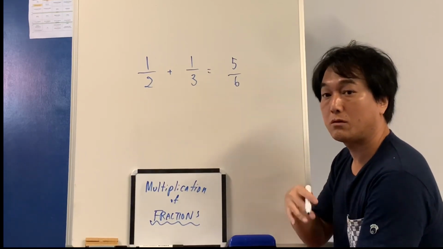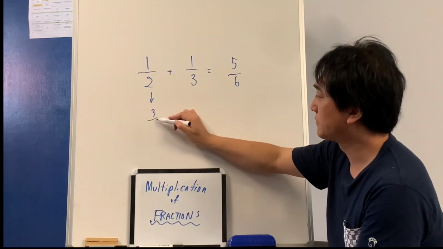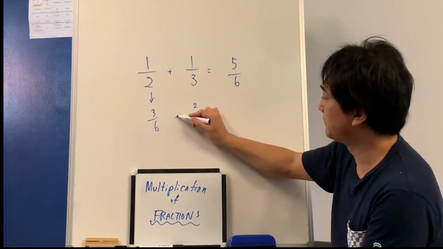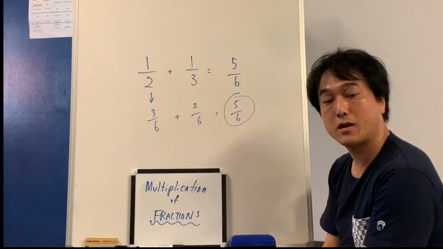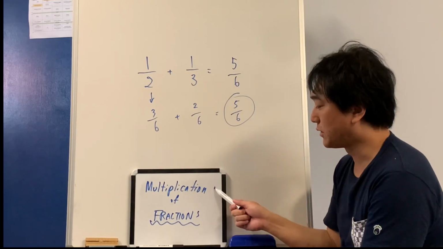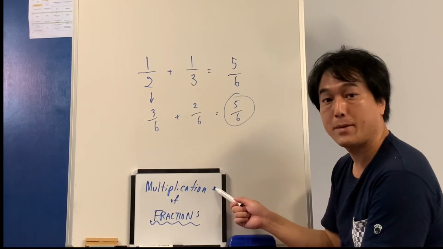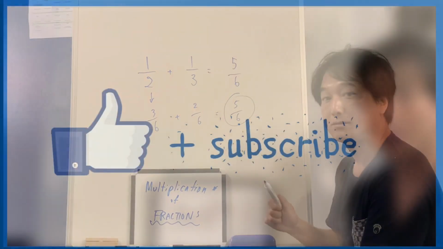Did you draw or did you find an equivalent fraction of this? But if you can find the answer, that's great. Next video, you'll find how to do multiplication of fractions or what it means.